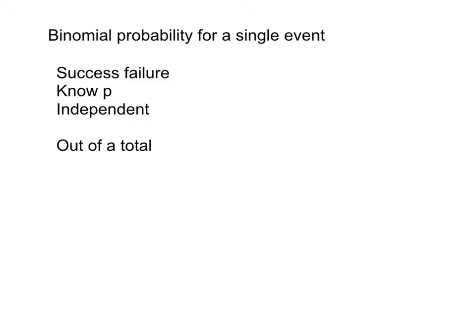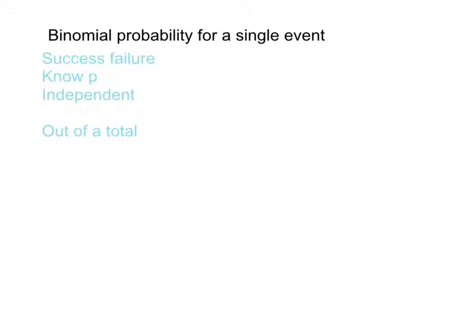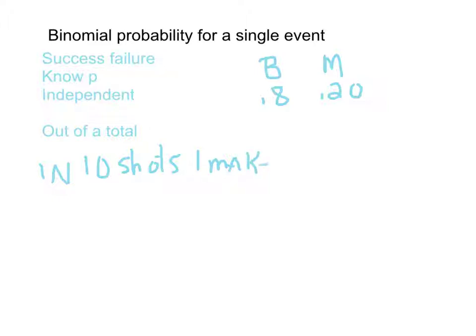Binomial probabilities are different. They're still success, failure, you know P, they're independent, but it's out of a total. So in this type of problem, let's say the probability I make a basket is 80% and the probability that I miss is 20%. What's the probability that in 10 shots I make, let's say I'm a little off, I only make 7 shots. 10 shots I make 7.